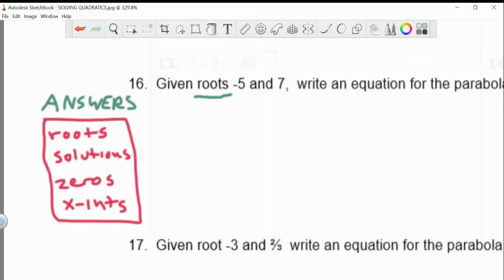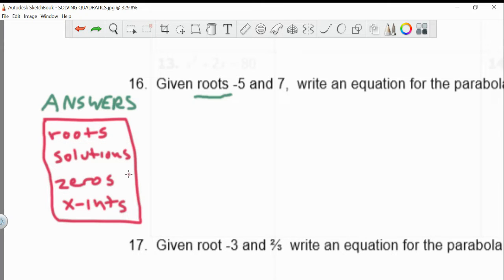And the reason we have four different names for them is because there's a lot of different ways to talk about quadratics. You could talk about solving quadratics. You could talk about factoring quadratics. You could talk about graphing quadratics, right? And when you're talking about graphing, you'd want to use x-intercepts. If you're talking about solving, you'd want to use solutions.